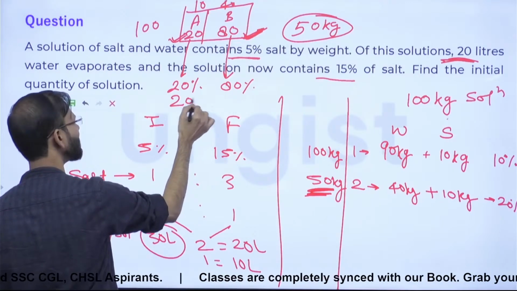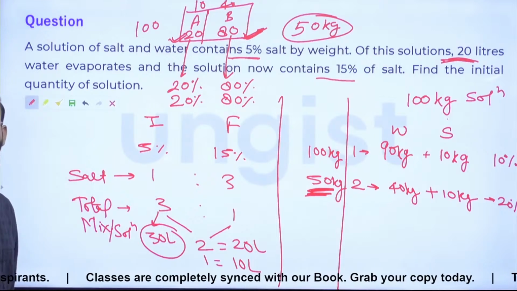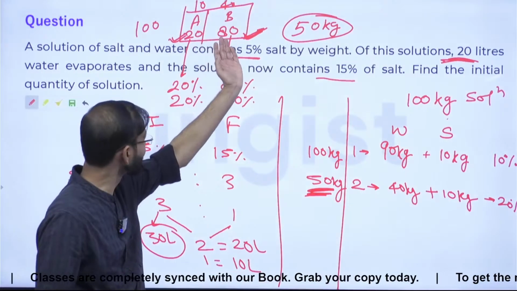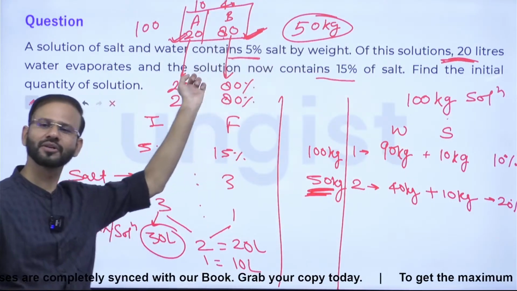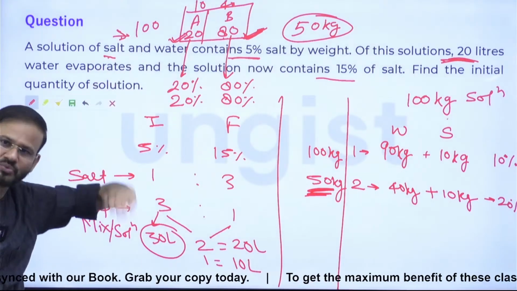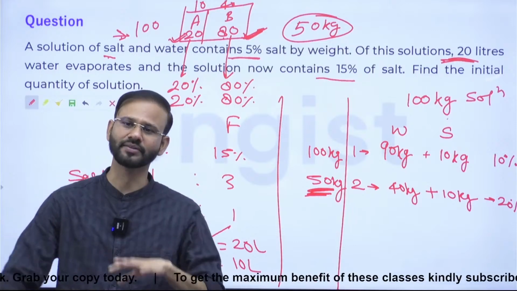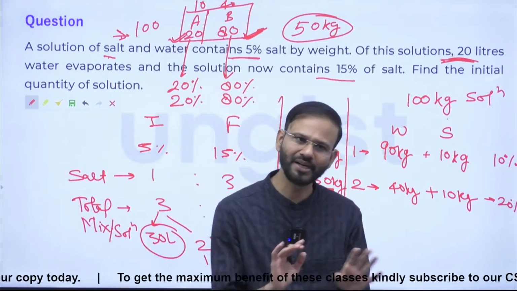Then again it is 20% and 80%. Getting this data? Now suppose that some more students are leaving from this, then the concentration of this will increase. The total quantity here is reducing, but the concentration of A is increasing. Right? Okay? Everybody is clear now?